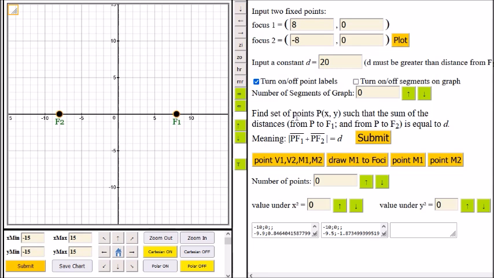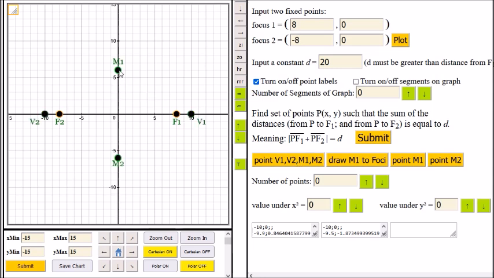And then next, I want to find all points such that the sum of the distances from the point to this point F1 and the distance from the point to this point F2 is equal to D. In this case, it's 20. So let's look at these 4 points.